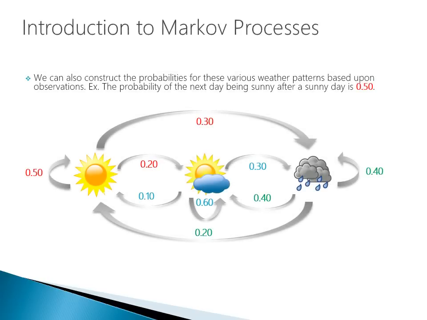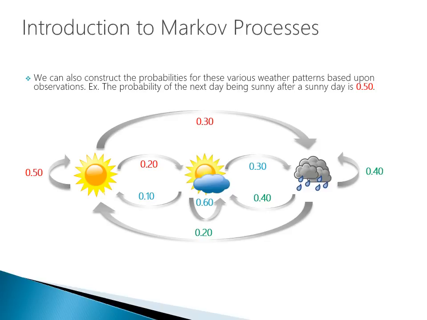We can also construct the probabilities for these various weather patterns based upon observations. So what is the probability of the next day being sunny after a day is sunny? In this case, we see it as 0.50. So if you look on the left-hand side, we have a probability of 0.50 written out.